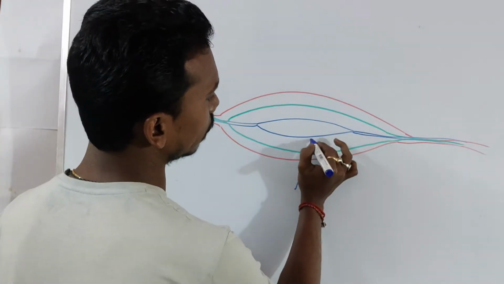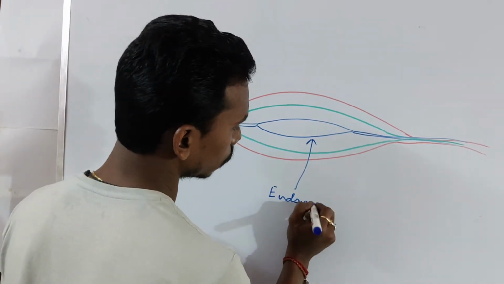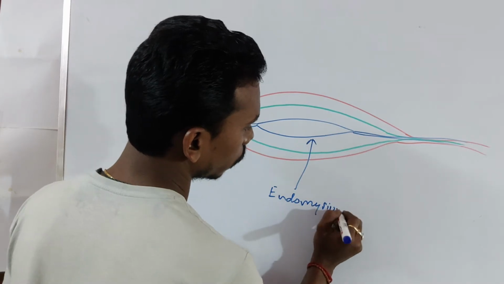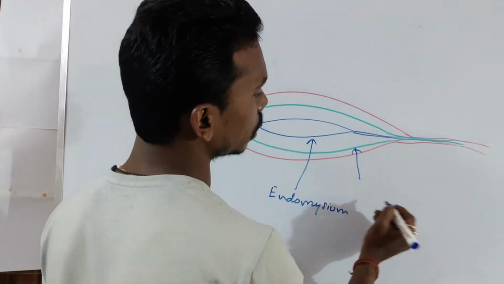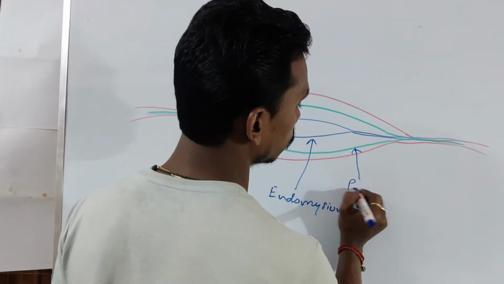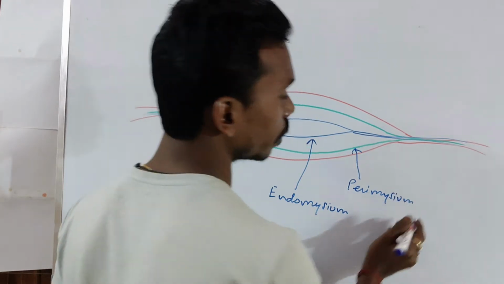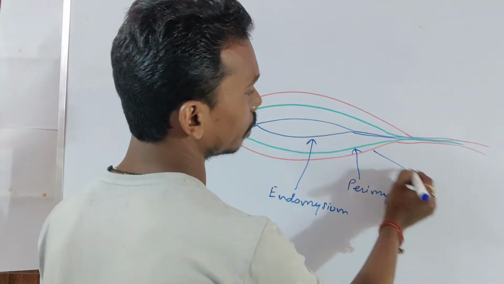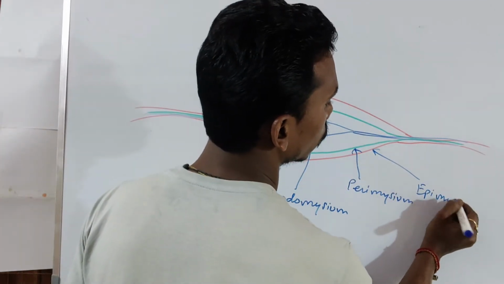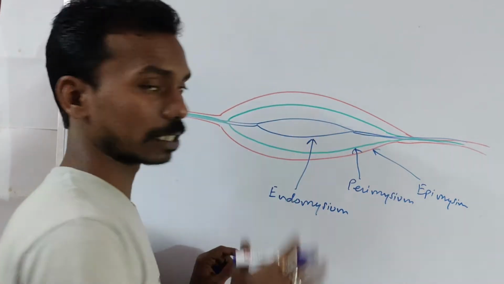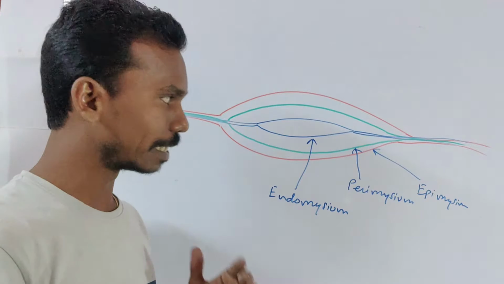We can see the inner connective tissue layer is the endomysium, which covers the muscle fiber. Then the middle connective tissue layer is the perimysium, which covers the fascicle, and then the epimysium, which covers the muscle, and our muscle approximately looks like this.